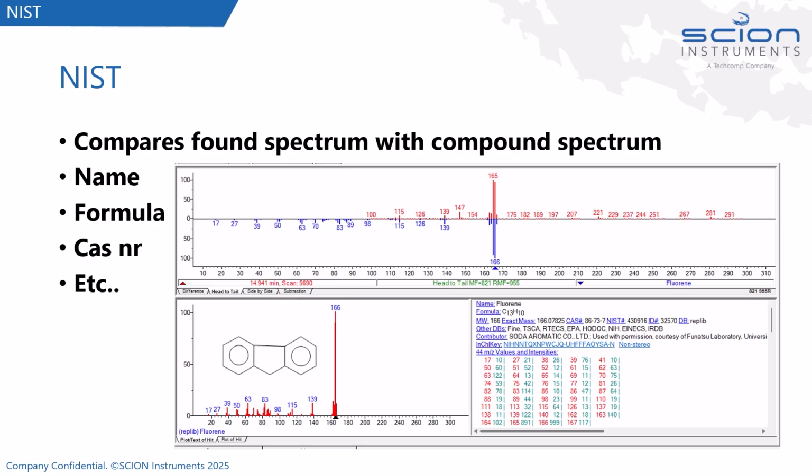Now you can make a spectrum list with each compound which you need for making a SIM method. To determine the correct quantifier and qualifier ions, you will choose the most abundant ions. In this case, ion 165 is the quantifier ion, and ions 166 and 163 are the qualifier ions.